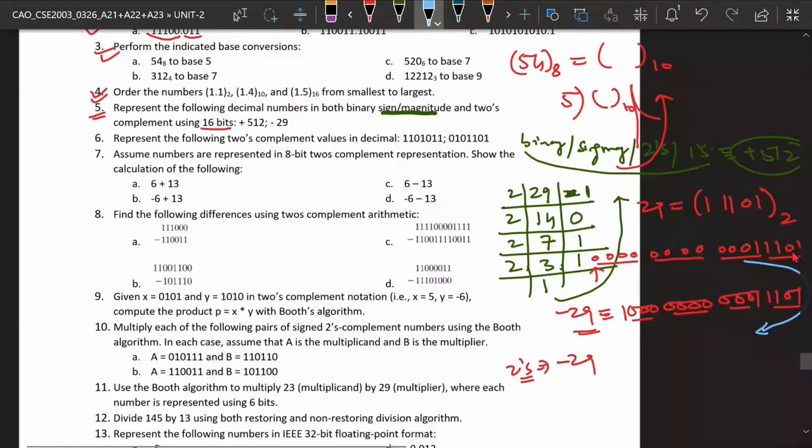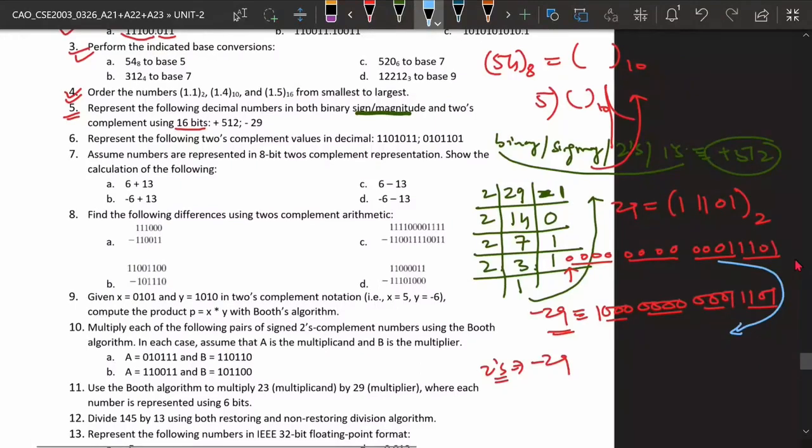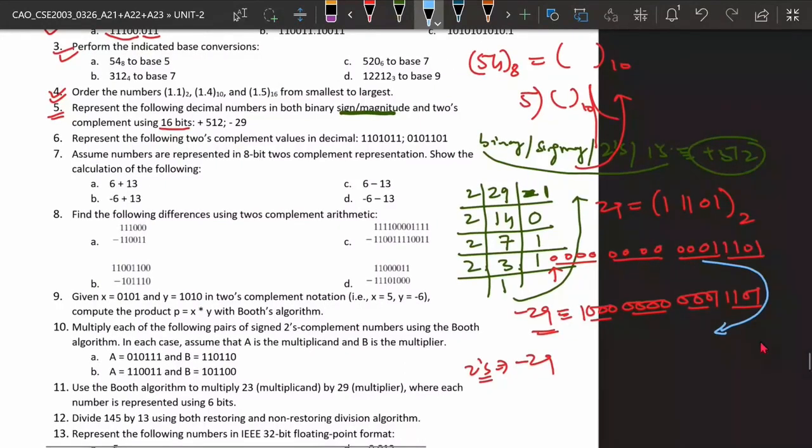So if it is 0 it becomes 1, and if it is 1 1 1 it becomes 0 0 0. All the upper bits will be 1 1 1 1, and we make it 16 bits: 4, 8, 12, and 16. Now this is the representation of -29 in 2's complement.